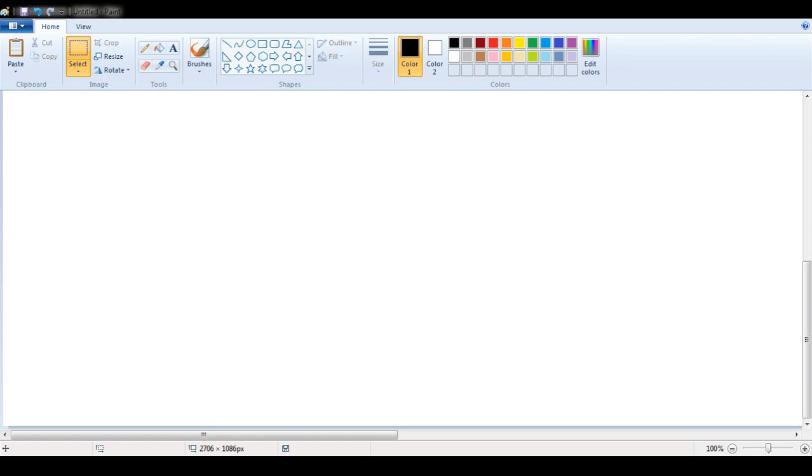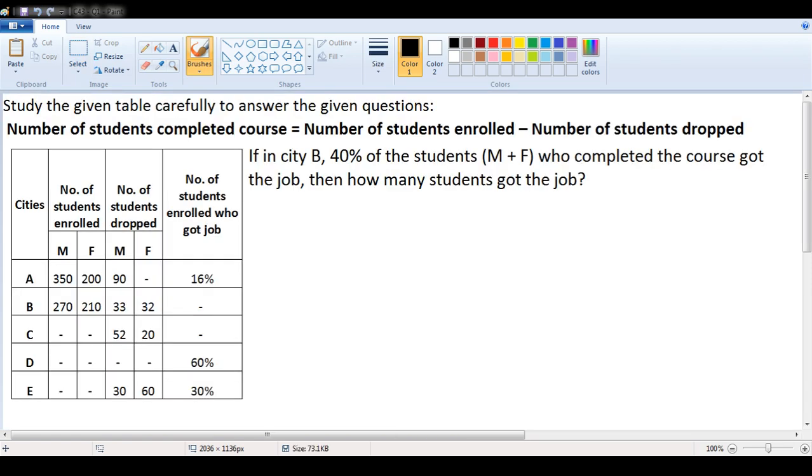Now please listen to this caselet very carefully. The next caselet which I am discussing. Before solving the question, first we will understand what is given. Study the given table carefully to answer the questions.